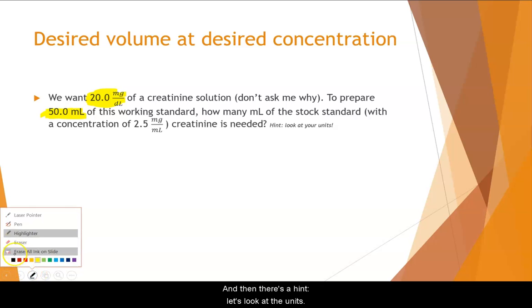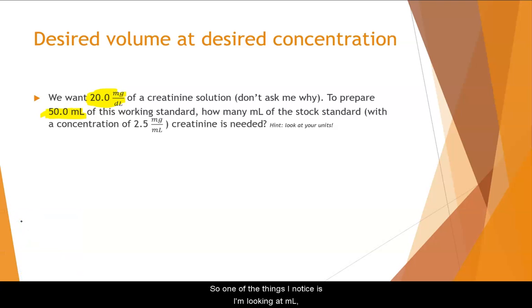So, and there's a hint, let's look at the units. One of the things I notice is I'm looking at milligrams or milliliters, and then all of a sudden this DL, that's deciliters. And so let's change that deciliters to milliliters so we're all working with the same thing. So we have 20.0 milligrams per deciliter.